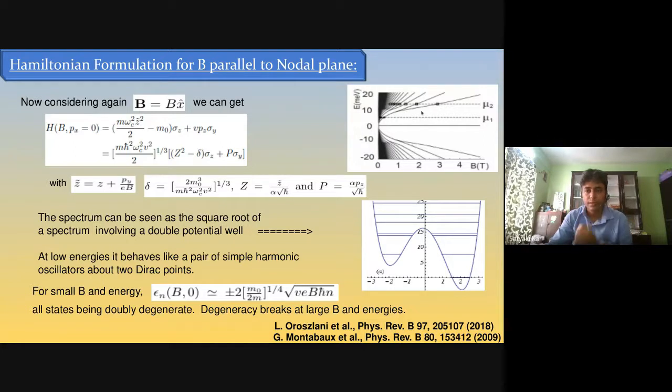This is actually a topological transition occurring here, and this is also where my Fermi surface changes from a torus Fermi surface to a drum Fermi surface.